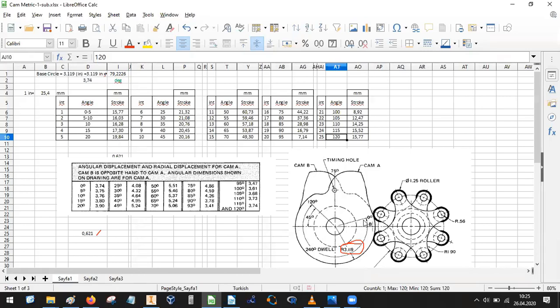As you see, we have a 0 degree here and 120 degree here. The other one, which is the waiting time, it is called dwell, 240 degrees.